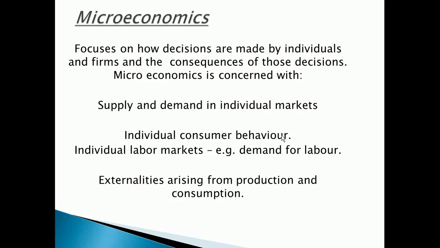For example, when price changes, what effect will it have on what an individual or a company will purchase or sell? So microeconomics tries to explain how and why different goods are valued differently by different people and how financial decisions are made by people, organizations, and government.